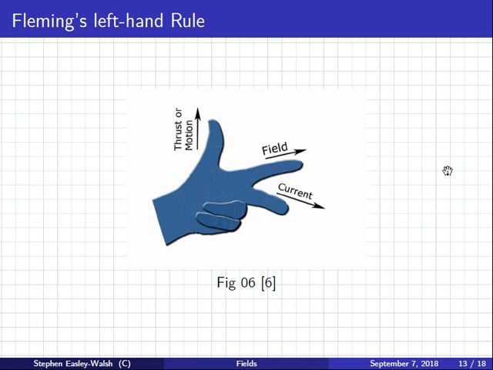Yeah, good, okay. Do your very best to try and draw this. You don't have to draw the hand perfectly, you could just draw 3 lines to show the 3 directions. It's called the left hand rule, you should remember that.